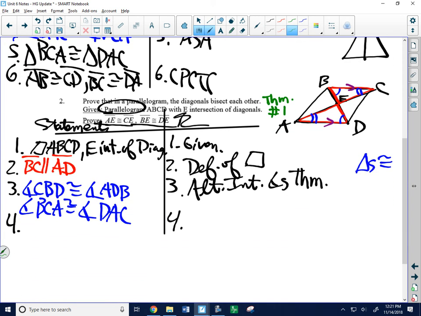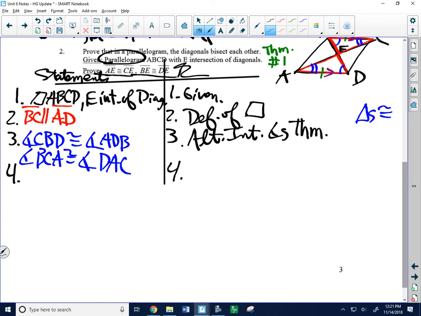What number 1 said is opposite sides in a parallelogram are congruent. If I look at the big parallelogram, these are the opposite sides. I could have done the other two as well, but I don't need these. So I'm going to say that they are congruent, BC and AD. The reason that this is also new is just writing one of the properties.